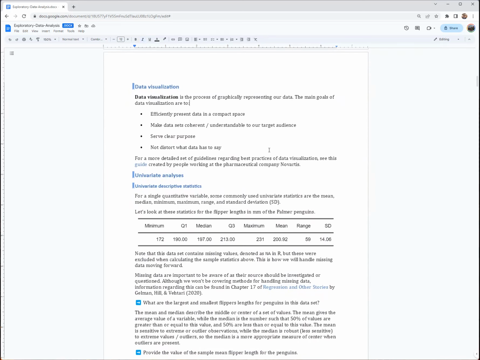Data visualization, this process of graphically representing our data, allows us to efficiently present data in a compact space. Sometimes data can have hundreds, thousands, or even tens of thousands of rows, potentially dozens of variables or columns.